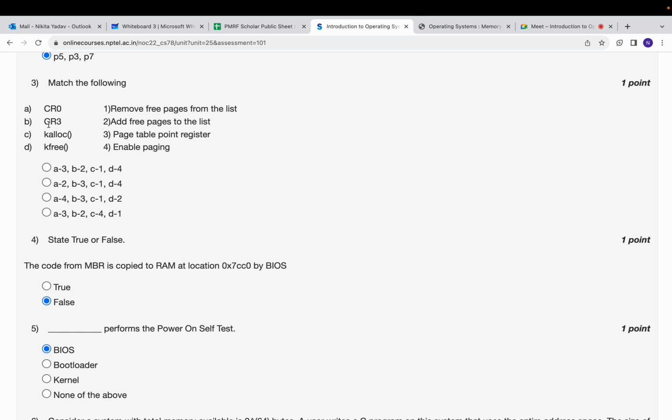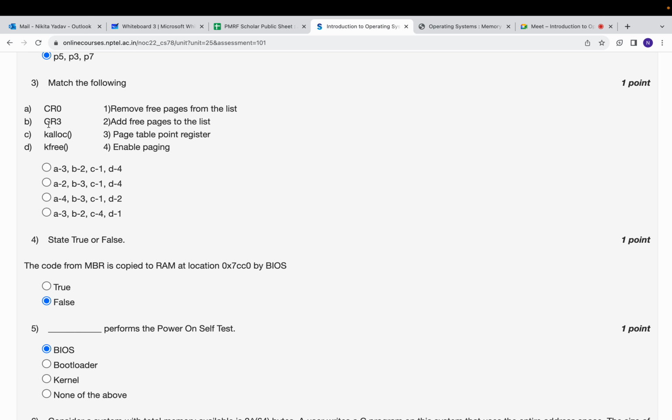So for 3B there are two options, ma'am: 2A, and 4A. Try it in your assignment. Free is obviously removing the pages from the memory, ma'am. That can be done, but that also is not there. So 4A, obviously the third is the answer.